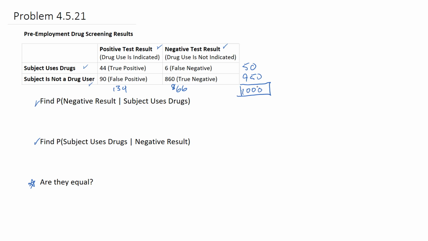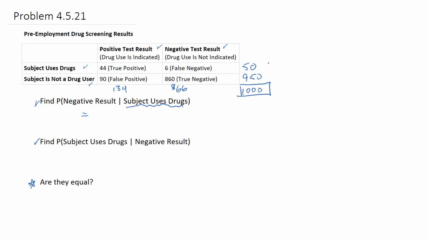All right, now for the first problem, it's a conditional probability. There are several ways to do this. I think the simplest way is to take a look at the subject uses drugs, and this would be our denominator, our grand total. So we want to look for the people who use drugs.